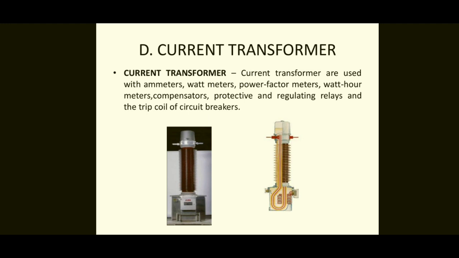Next one, current transformer. Current transformers are used with ammeters, wattmeters, power factor meters, watt hour meters, compensators, protective and regulating relays, and the trip coil of circuit breakers.